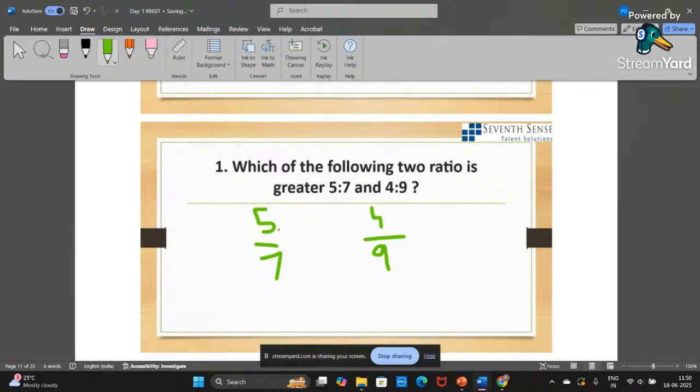See, when you are multiplying the first numerator with the second denominator, you have to write this multiple below the first one. 5 nines are 45. Next, for this 4 into 7, it is 28. Now, which is the greater number in this? This one, right? So this is the bigger one.